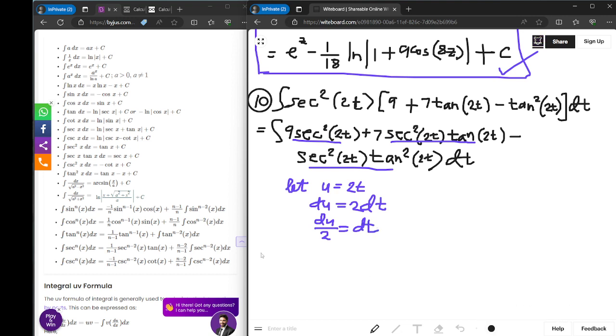So if you rewrite this, it is then 9 times the integral of secant squared of u plus 7. Since I've already moved out 9, this will become du over 2 plus 7 times secant squared.